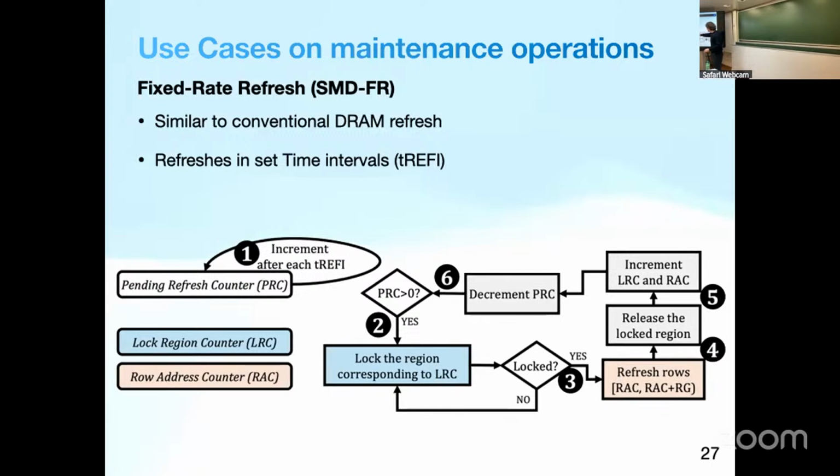So if that pending refresh counter is above 1, then we try to lock whatever region is currently under or should currently be under maintenance. If that succeeds, then we refresh that row, release the locked region, increment whatever position we're currently in, and then decrement the pending refreshes, and then everything happens all over again.